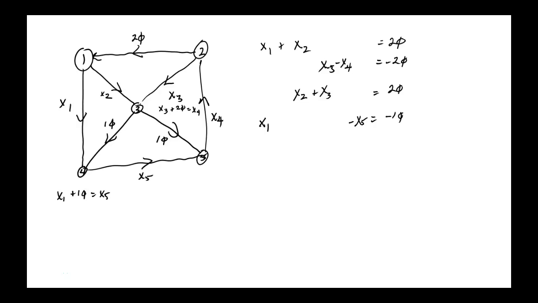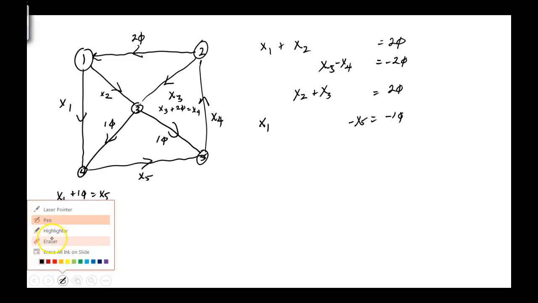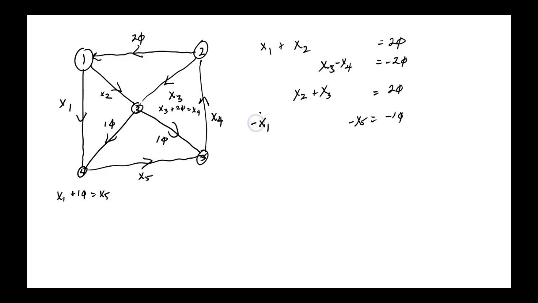The reason I want to do that is I'd rather this be a minus, but it doesn't matter. But I think I will do that just because it will make life easier in the short term. Before I do that, make this a minus, this a plus, and that's a plus. I don't need my eraser at all. Okay, so that gives you 4 equations.